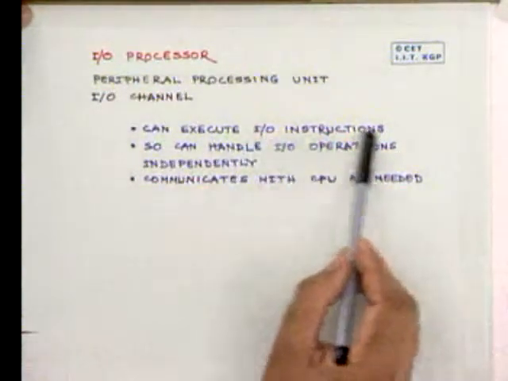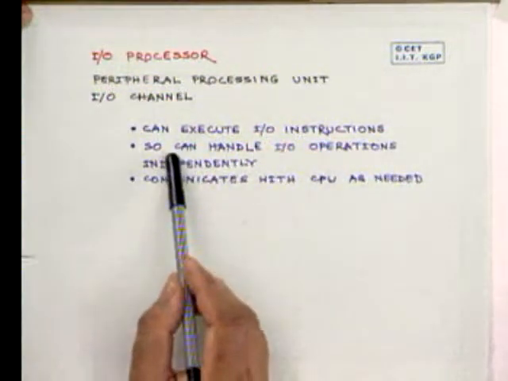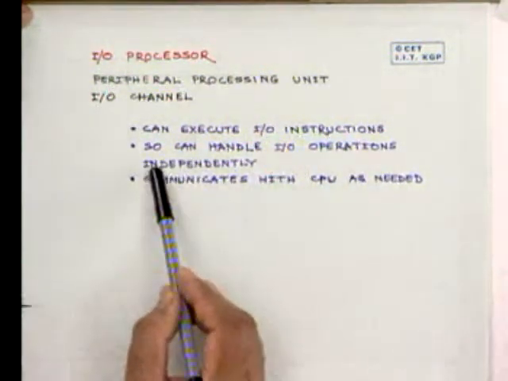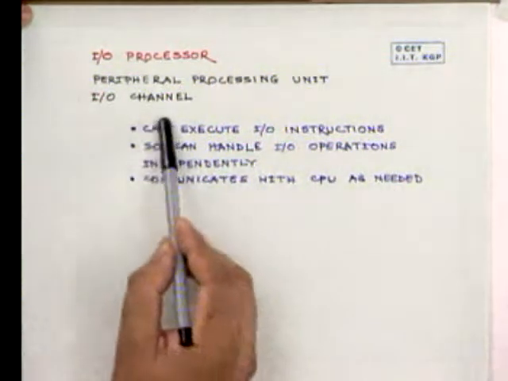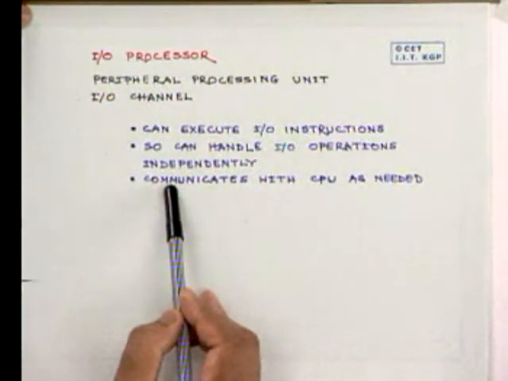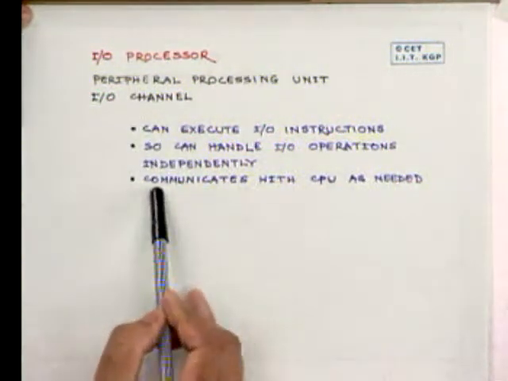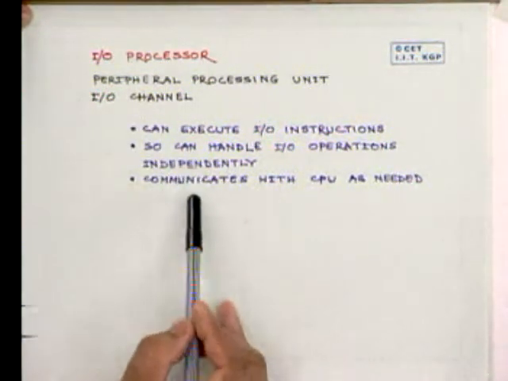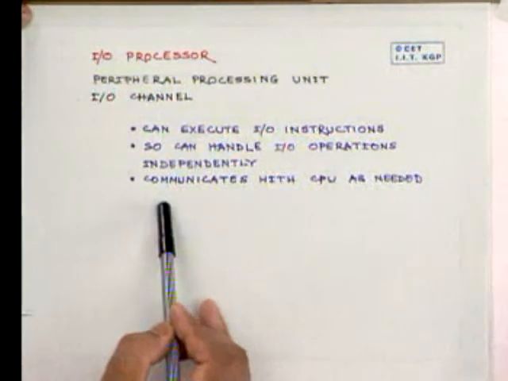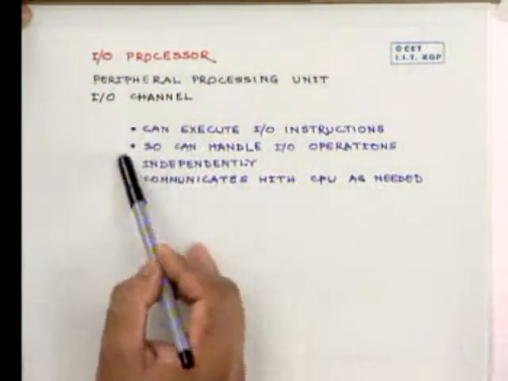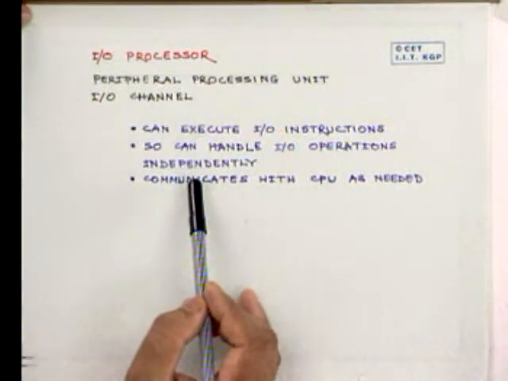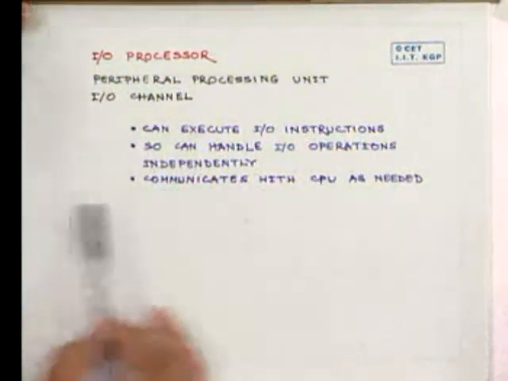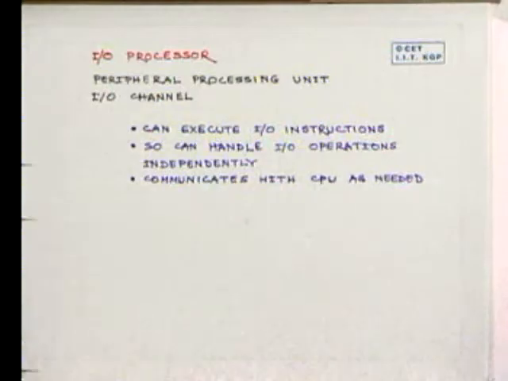It can execute I/O instructions on its own, so it can handle I/O operations independently and communicate to the CPU as needed, which means these are more powerful. Such processors are sometimes utilized in big systems to handle I/Os. Now that is all so far as our modes of I/O transfer are concerned.